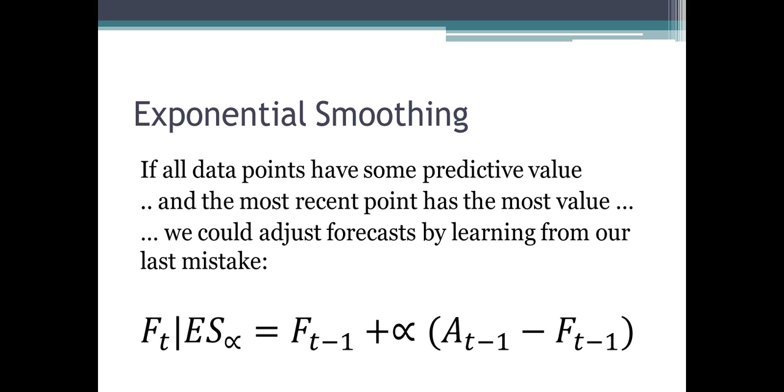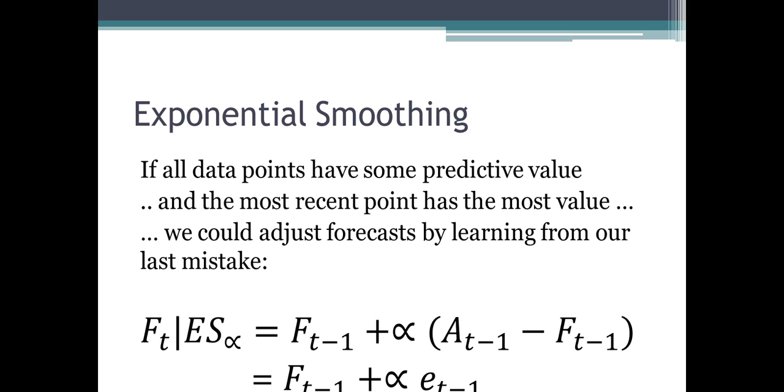The forecast for time period t, given that we are using exponential smoothing with alpha as our parameter value, as our smoothing constant, is going to be equal to the forecast from the last time period, and we add back to it alpha. Alpha is the constant that you determine, you feed into the model. We add alpha times the error that we made in that last time period.